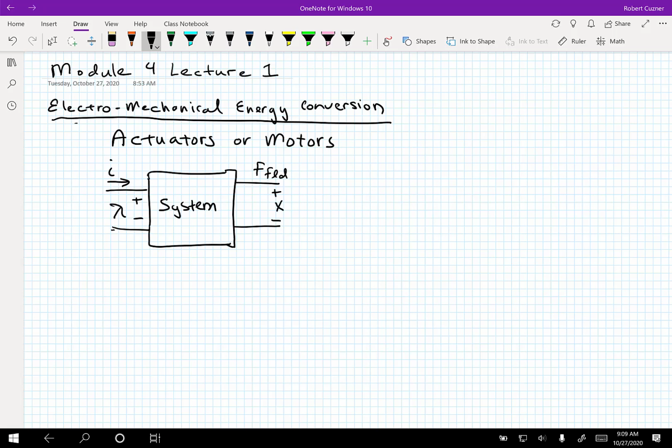And so what I've just described here would be what's called a linear system.